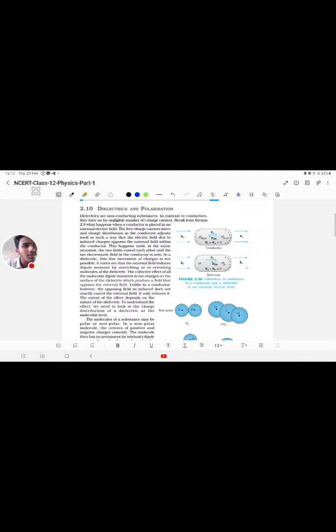As you can see in figure 2.20, let's say I have a conductor which is neutral in nature, experiencing an electric field E0 from left towards the right.